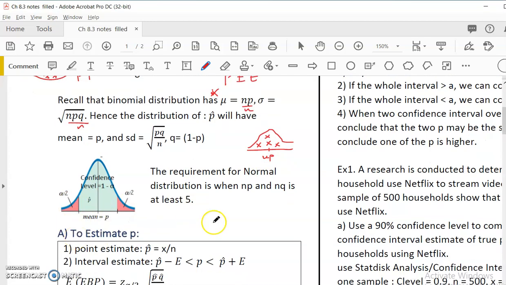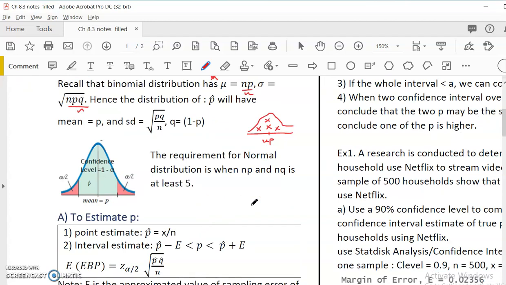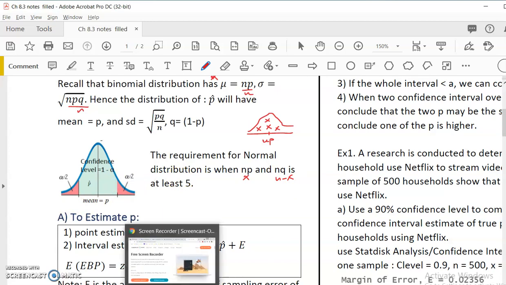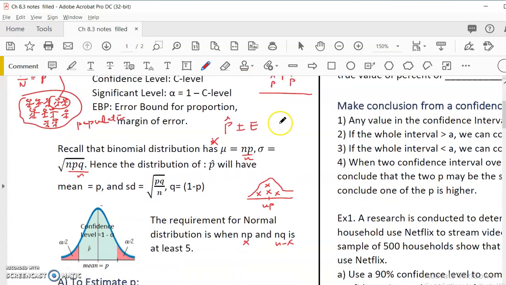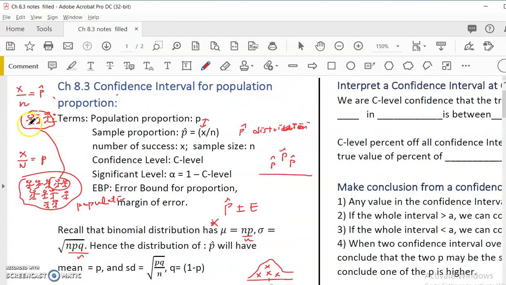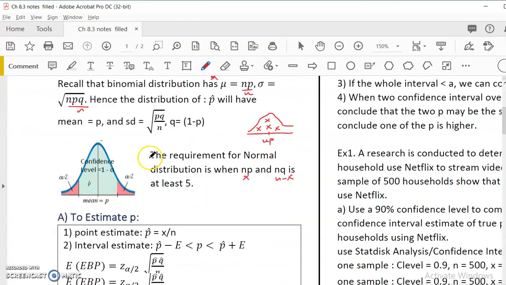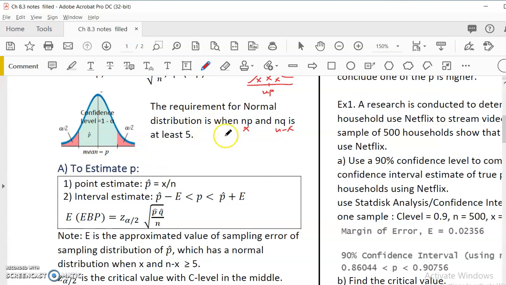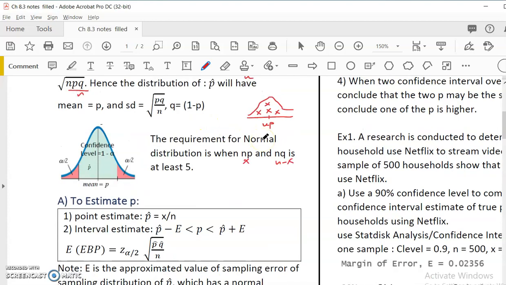Okay, and this only works if np and nq are at least 5. That means x and n minus x are at least 5 in this case. So if the number of successes and the number of failures in the sample you collect are both at least 5, then p hat will be normally distributed, right?